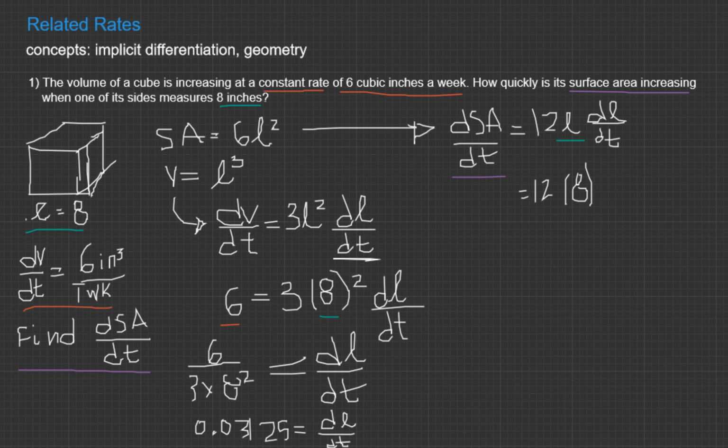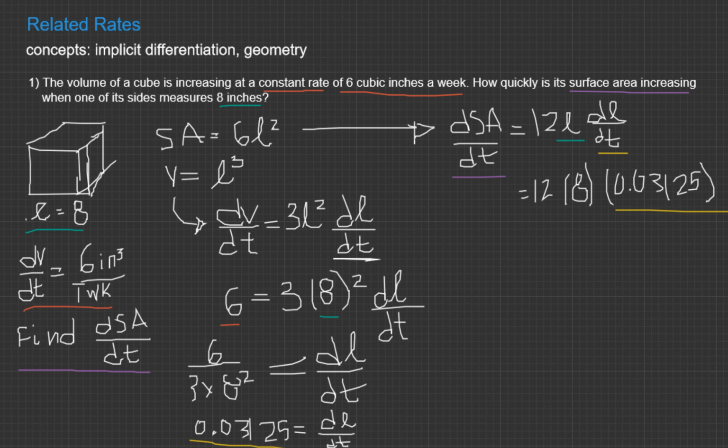So I can take this and plug that in right there. So now all that's left is some pretty simple algebra. So I'm going to pop this into my calculator.